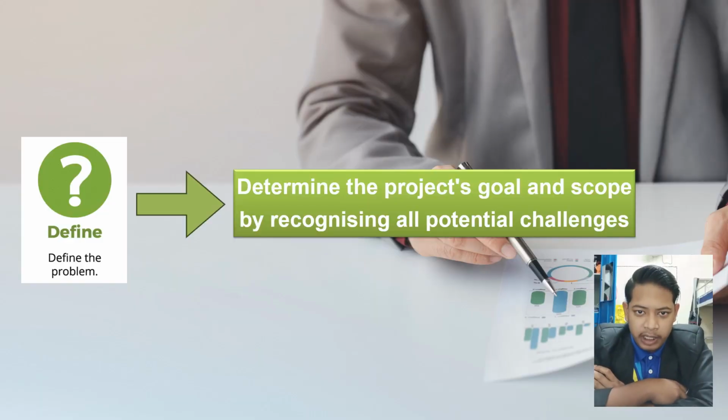In order to help the company to achieve their goals and their profit for these years, we use define as the first step, to define the problem. By using define, we can determine the project goals and scope by recognizing all potential challenges.